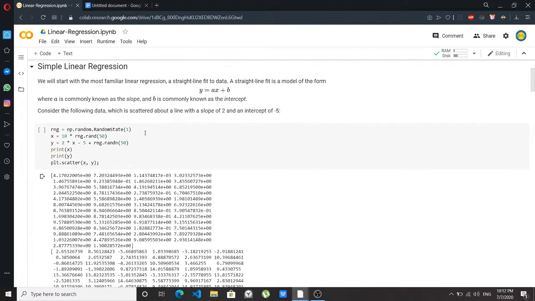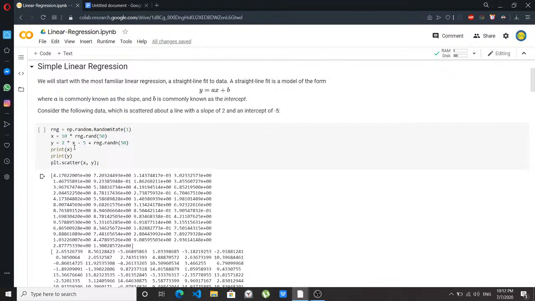Now let's see an example. We are taking some random input for x, using the random library of NumPy. We are producing 50 values between 0 and 1 and multiplying them by 10, so that we have a range of inputs from 0 to 10 in floating values.